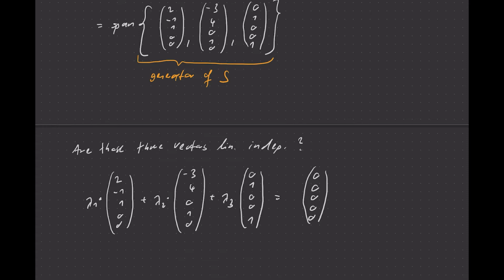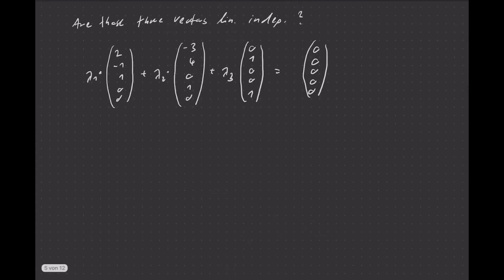If we look closely at that system of linear equations, we can see that the last row immediately yields the equation lambda 3 equals 0.